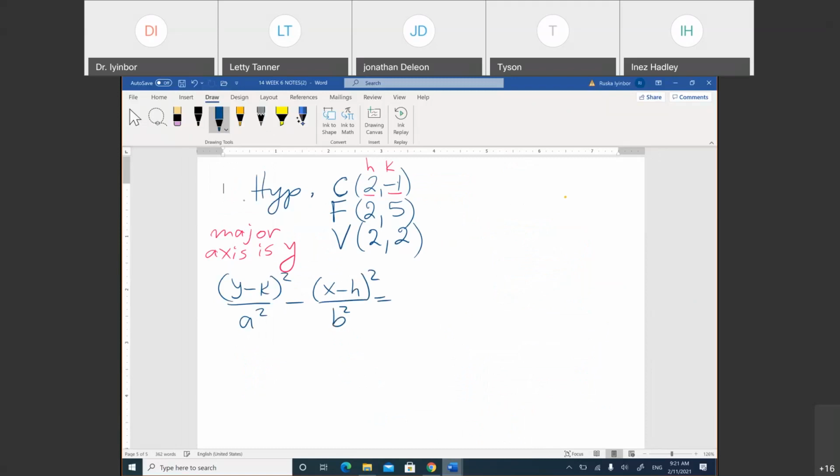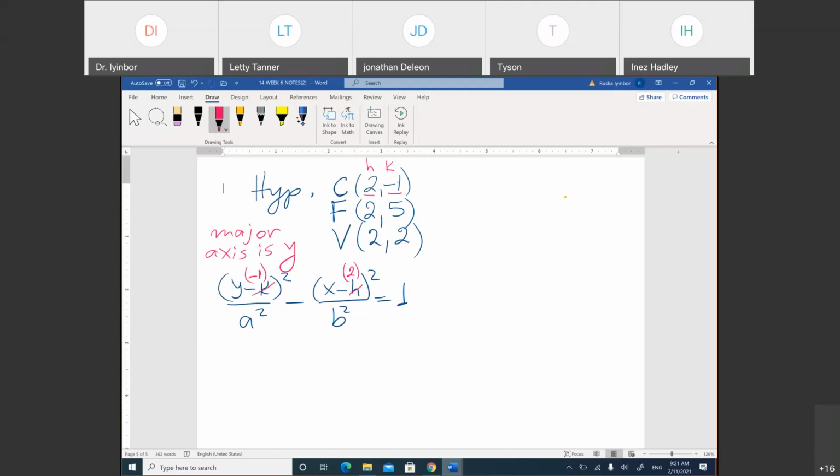Now you don't have to memorize the equations. You can just look at the formula sheet and copy that, right? Now I have h and k already, so I can just plug in the numbers. k is going to be negative 1 here, and h is going to be 2. Okay, so we have these numbers already replaced.